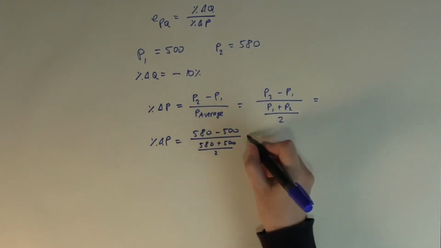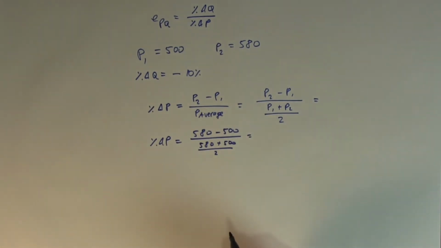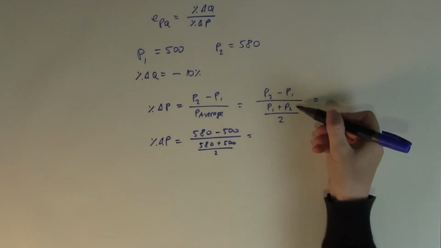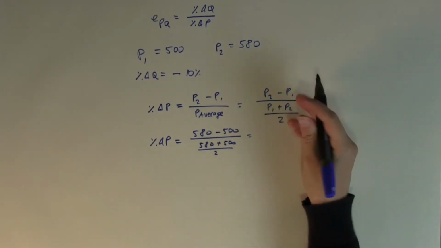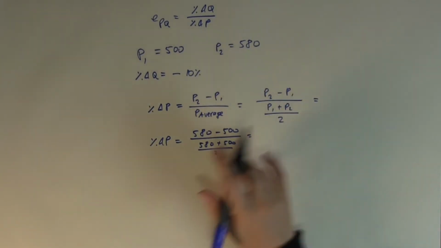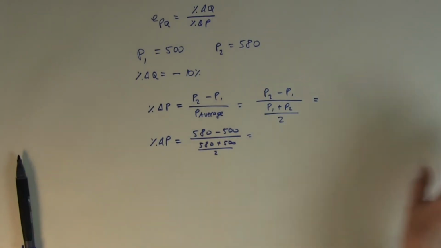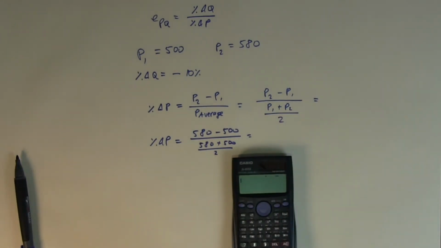Now, here again comes in the usefulness of a scientific calculator. Without a scientific calculator, I would need to calculate the average first, then the difference, and then divide them. But with the scientific calculator, I can just put it all in at once. I need a fraction.